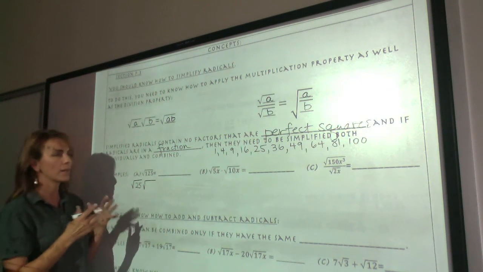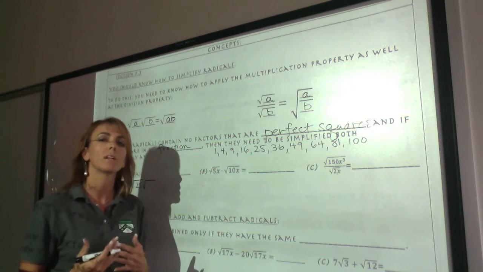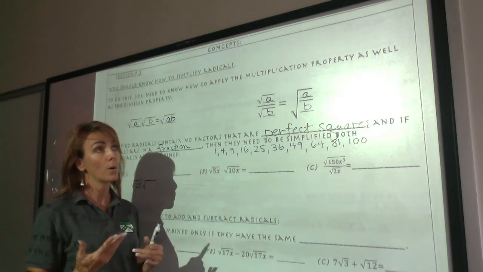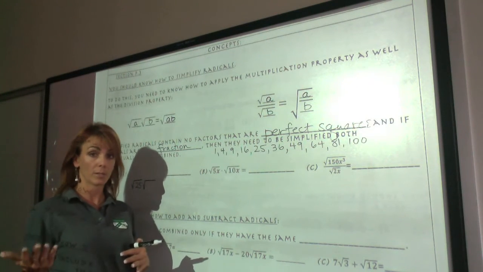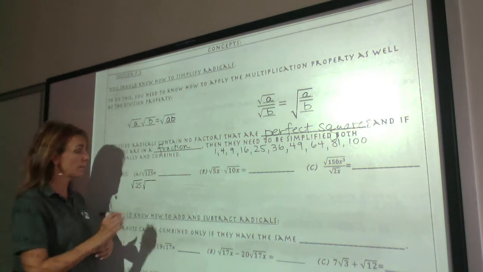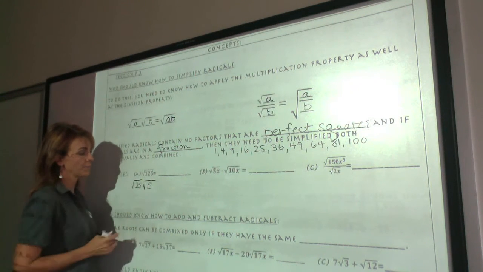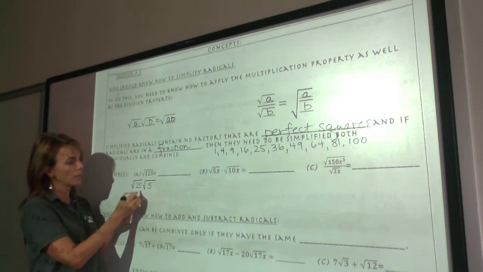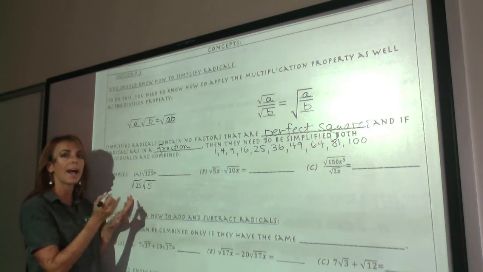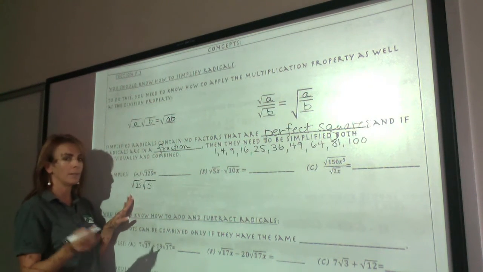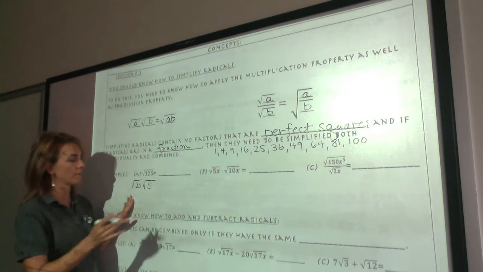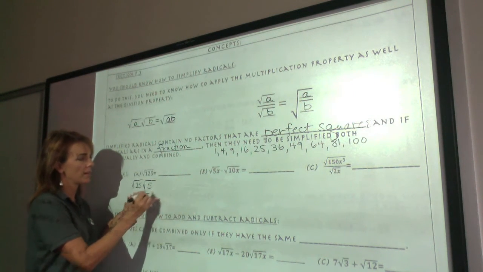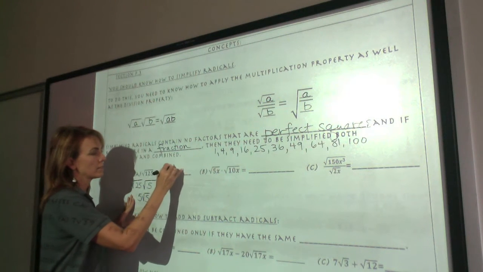And then I need to think, well, 25 times what would give me 125? Well, if I had quarters in my pocket and I knew I had $1.25, how many quarters would that be? That would be 5. So if I've done this correctly, I take what's a perfect square and take it out of the radical. Make sure you take it out of the radical. And we end up with 5 radical 5 as our solution.